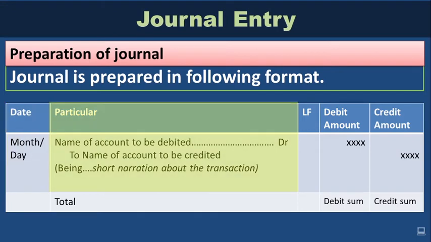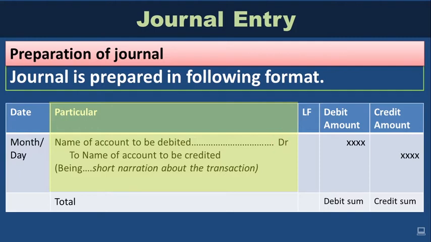The next one, particulars. This column is meant for recording the account to be debited and credited. The name of the account to be debited is written in the first line. The word Dr is written after the account name.